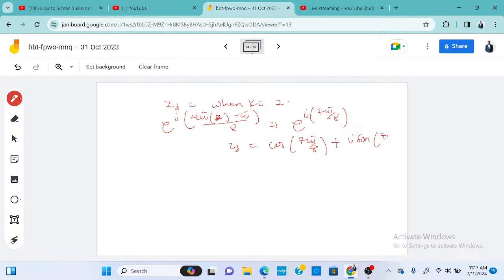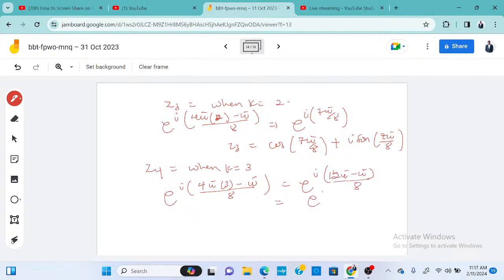So my third root is cosine of the expression 7 pi on 8 plus i sine of the expression 7 pi on 8. Now finally, z4 is equal to when k is equal to 3. So I'll simply get e to the power i 4 pi multiplying 3 minus pi all on what? 8, right? So this is e to the power i multiplying the expression 12 pi minus pi, so 12 pi minus pi all on 8.